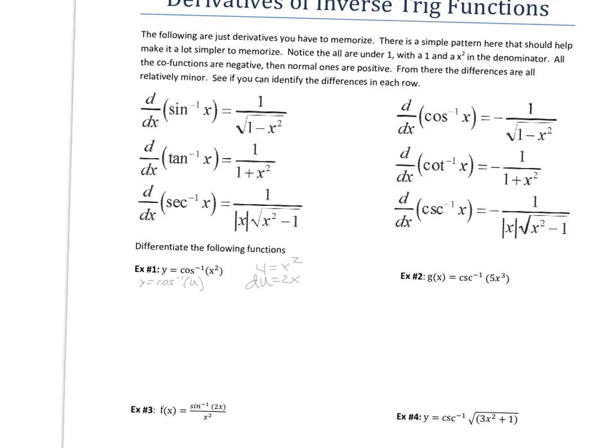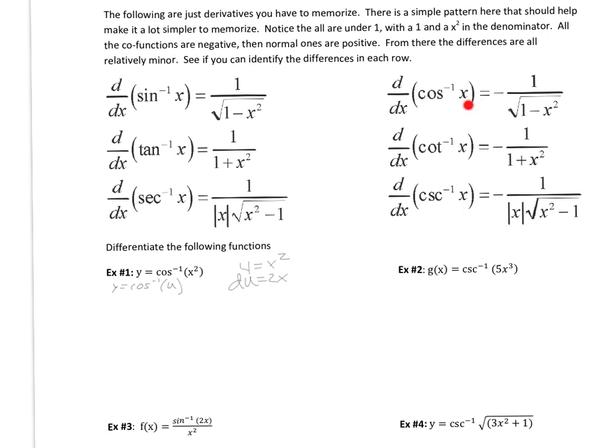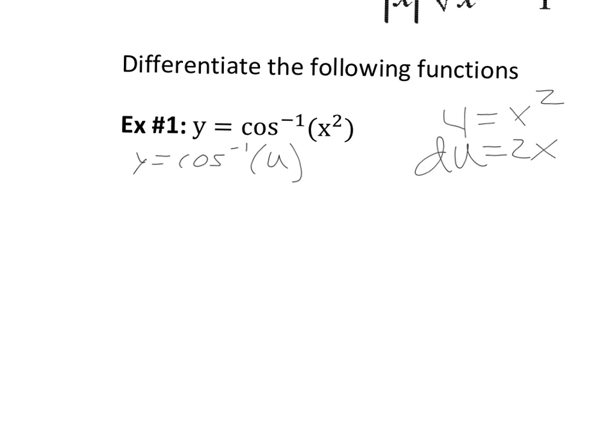And so we should be able to just quickly see what is the derivative of, this is the inverse cosine or arc cosine. And it's -1 over the square root of 1 minus x squared. So let's go ahead and do that. Only difference is it's not going to be x here.